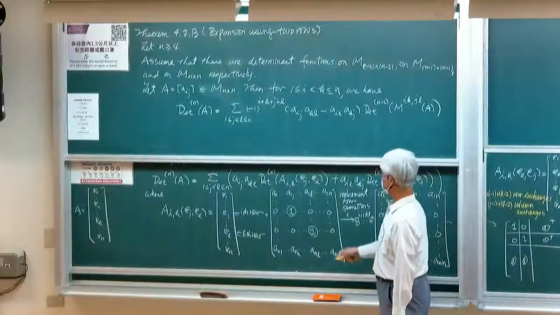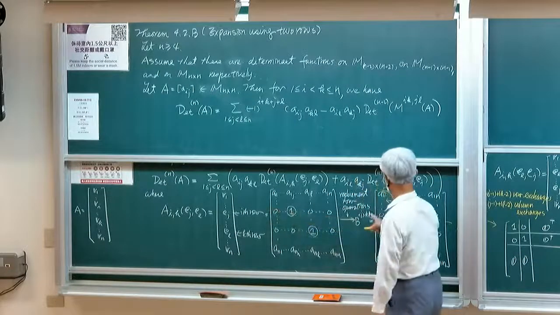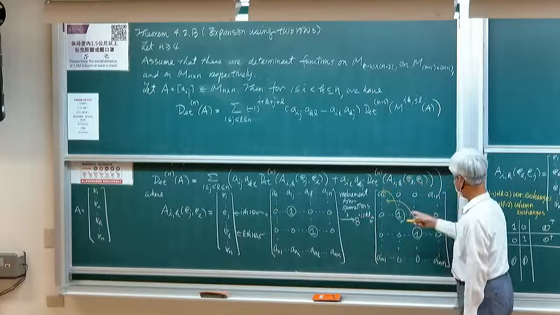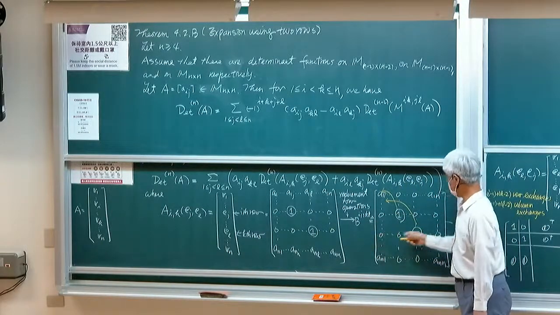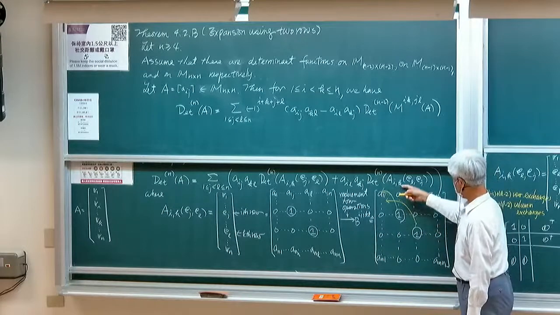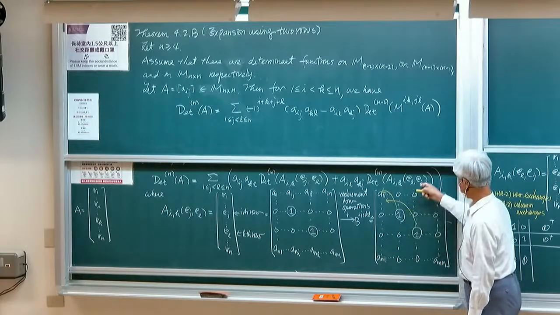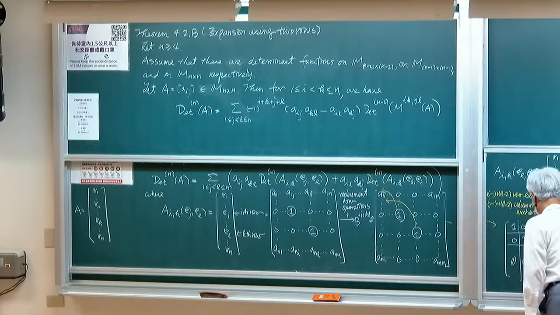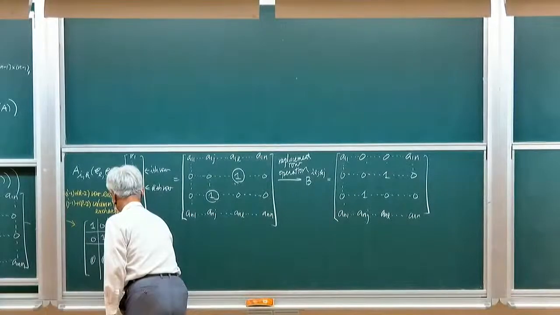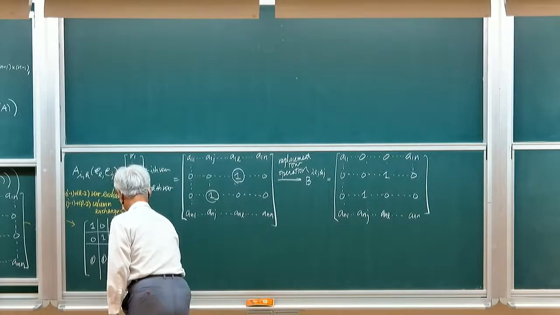It's just like you remove the I's row, the K's row, the J's column, the L's column. So what you have here will be the M, I, K, J, L of A matrix.